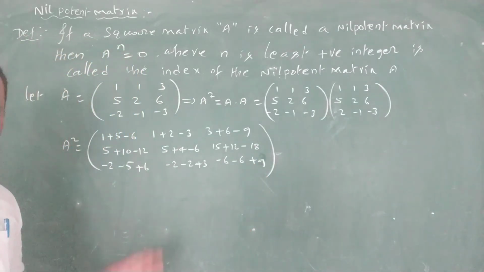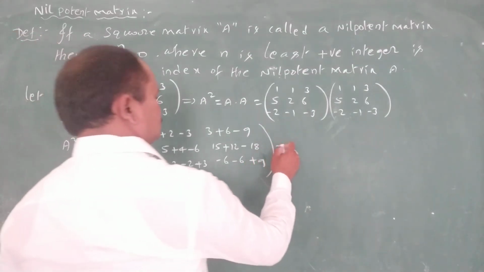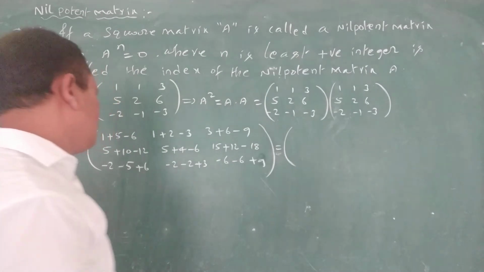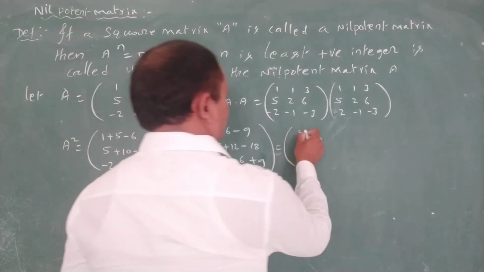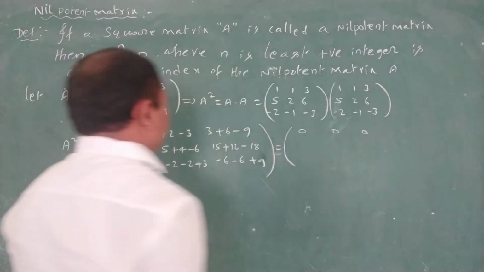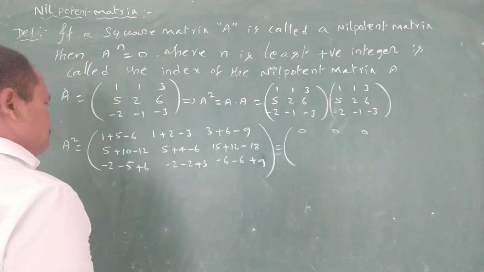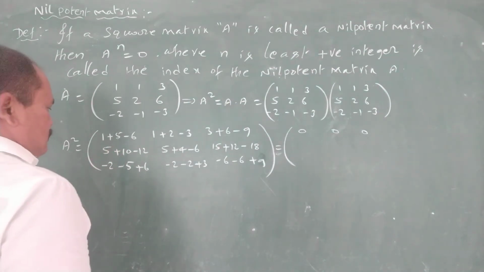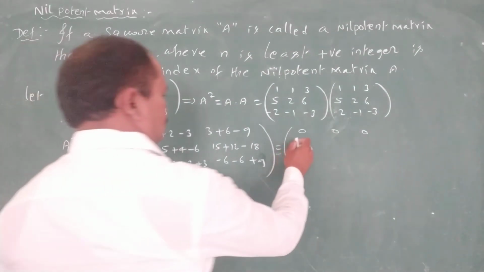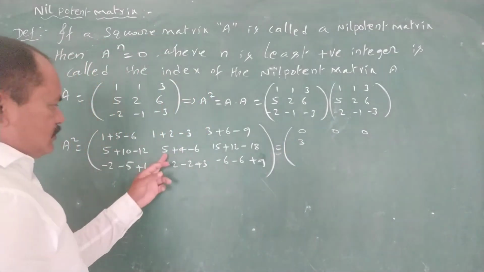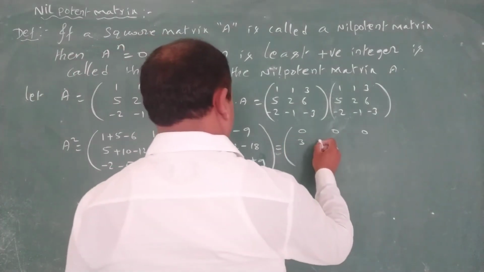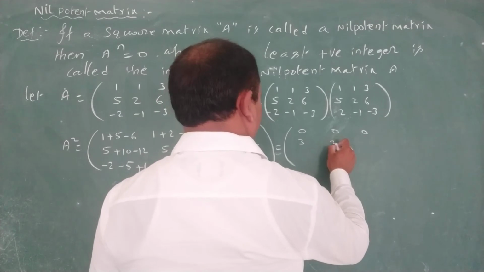That's all. Now we have to simplify this one. Then it gives 0, 0, 0, and this is 15 minus 12, that is 3. Now this is 3.